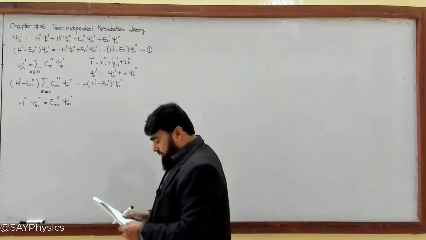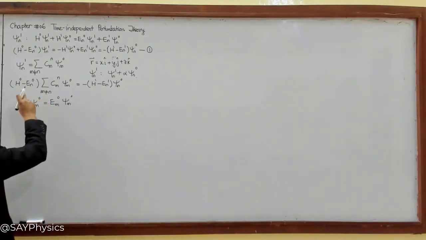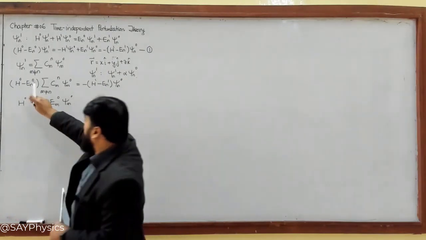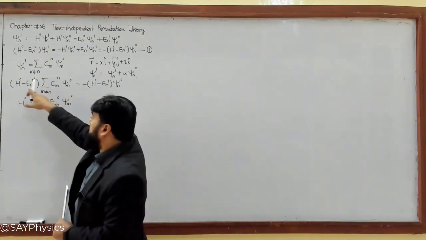Clear? So when this operates on it, En0 is just a value.